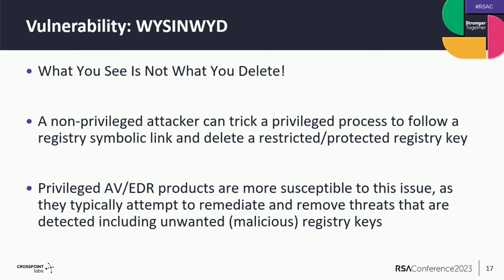And it's similar to other vulnerabilities related to symlinks, in which you can fool or trick a privileged process into following the symlink, and in this case, make it delete a protected registry key.